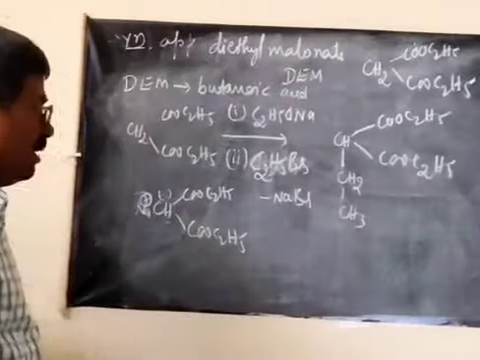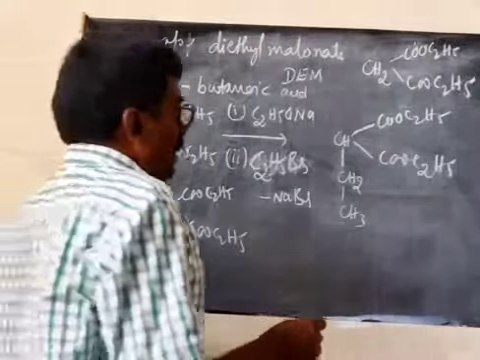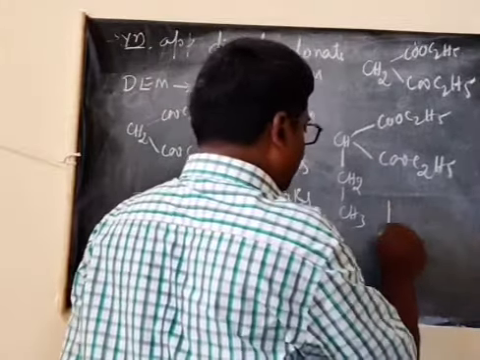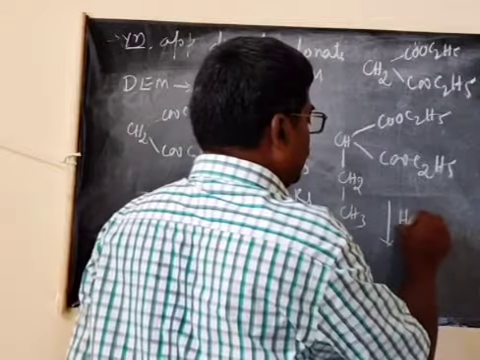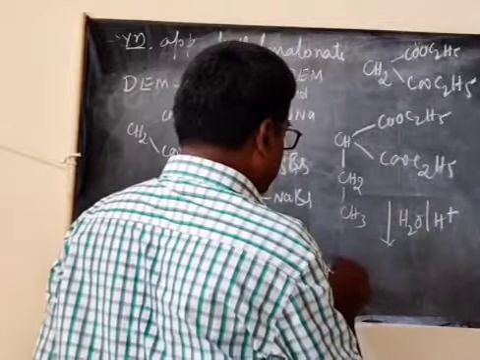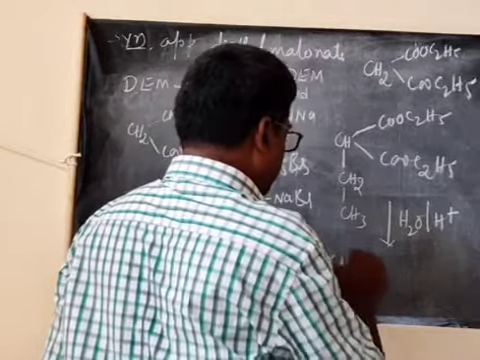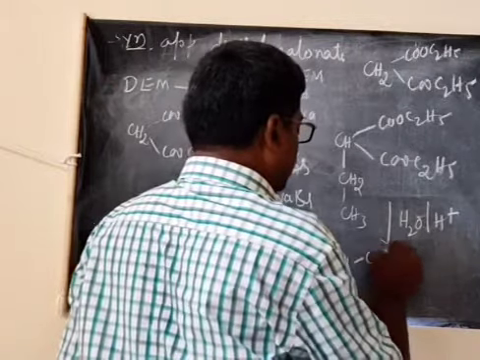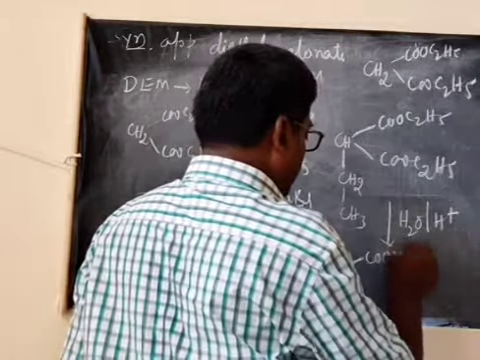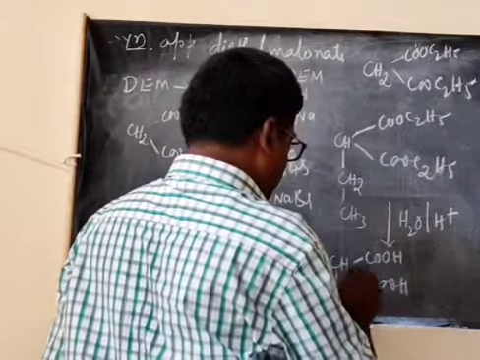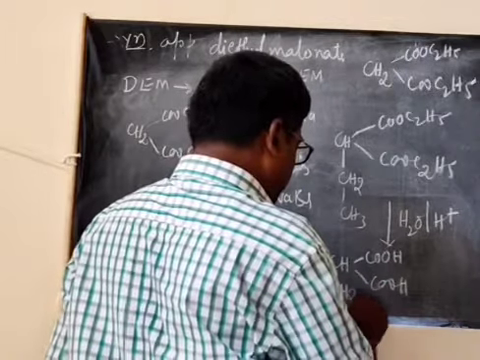Okay, so this on acid hydrolysis followed by decarboxylation, H2O, H plus, gives CH(COOH)2 with CH2CH3.